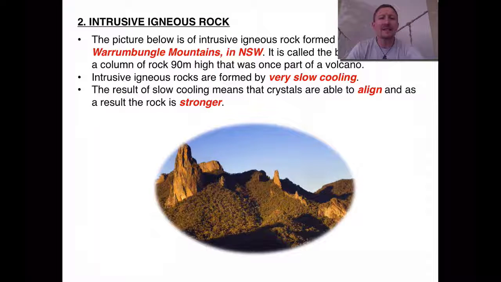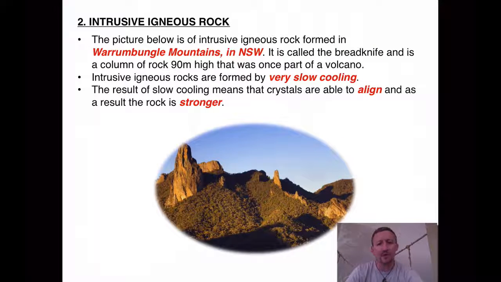Okay, now here's an example of intrusive rock. Now intrusive rock is the opposite. It's going to cool very, very slowly on the inside of the Earth's crust. Now, how it works is that channels are formed in cracks in the Earth's crust due to the movement of the crust, and lava can actually move its way up through these cracks, but it can't get out to the surface.